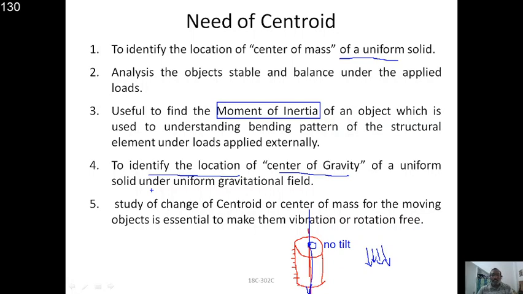And it is also essential to know how a change of the centroid will affect moving objects under vibrations or rotations. If a water tank is like this and it is carried on a truck, let us say, due to this the water tank will be subjected to small movements.